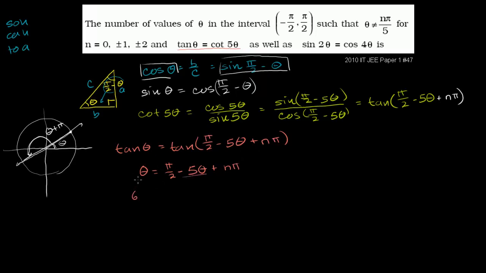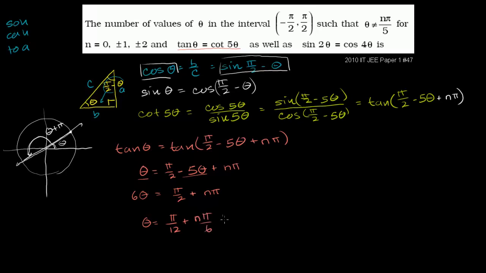So you get 6 theta is equal to pi over 2 plus multiples of pi. There's a plus right over there. Divide both sides by 6. I get theta is equal to pi over 12 plus n times pi over 6.